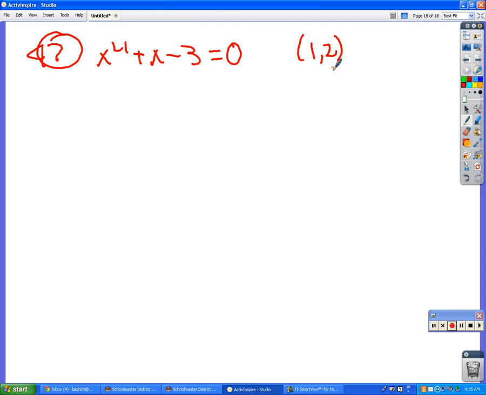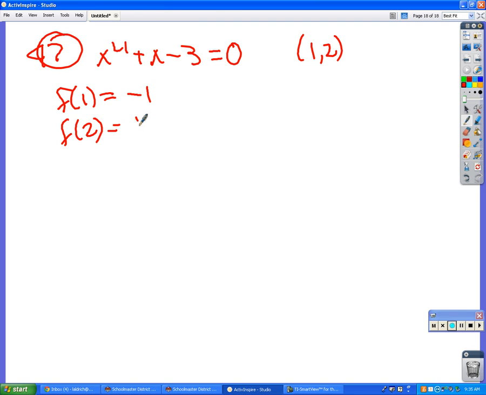Use the intermediate value theorem to show that there is a root of the given equation in the specified interval. So you only have to do two things. First of all, set it equal to 0, which this already is. Now plug in 1. What do you get when you plug in 1? 1 plus 1 minus 3, which is -1. What do you get when you plug in 2? 15.